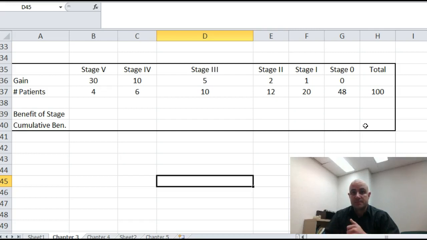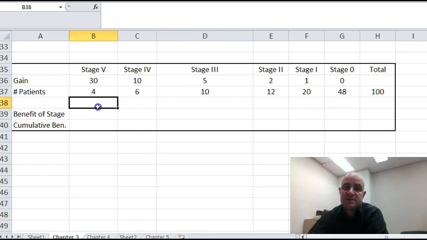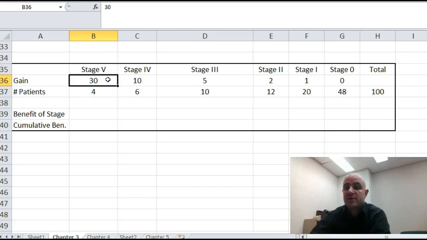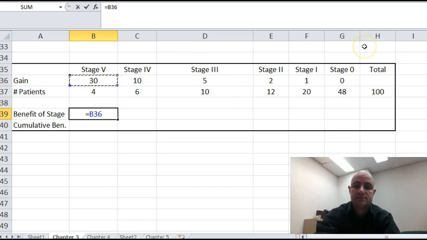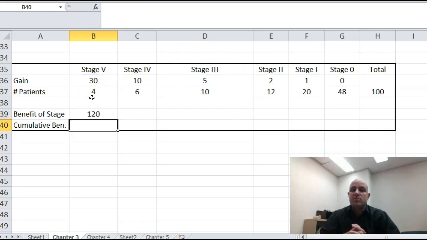So going under that reasoning, we would do the stage 5 patients first. They would get 30 years each benefit. There's 4 of them, and so if you treated all 4, those 4 people are going to give you 120 years of benefit. Okay, it's a lot of benefit.